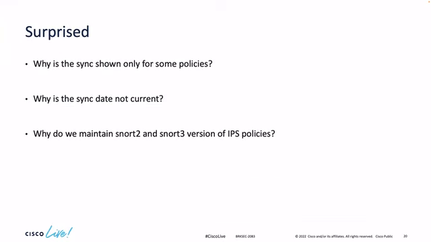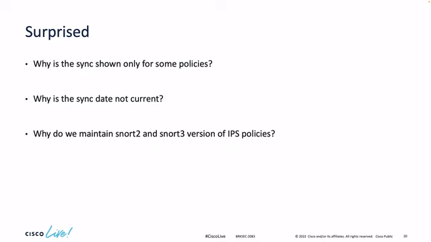Now then, quickly recapping what we covered as part of this section. The most important questions that we answered in this section are: why is the sync shown only for some policies and not for the other? Why is the sync date not current and it shows the date when the firmware was actually upgraded on the FMC?